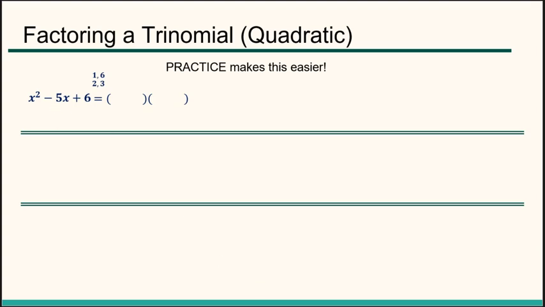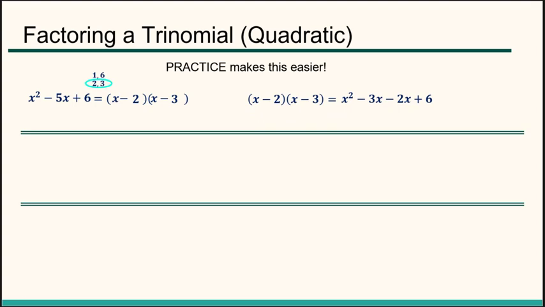So my pair will be the 2 and the 3, because minus 2 times minus 3 will get me that plus 6. That way I'll have a minus 3x and a minus 2x, and that'll give me minus 5x. So let's watch that play out.